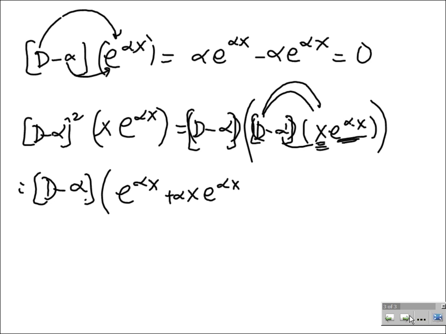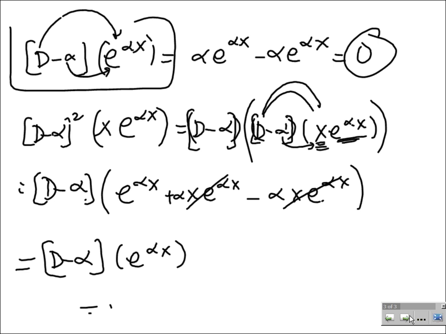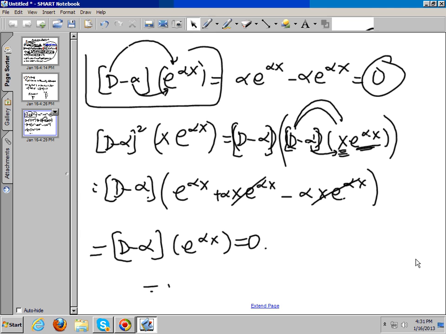Now I'm going to take away a times that, and I'll get negative alpha x e to the alpha x. And of course, this will cancel out, so I just have to do d minus alpha on e to the alpha x. But I'm not going to redo it because I did it up here and I did get 0. Okay, so that's pretty cool that I get 0.